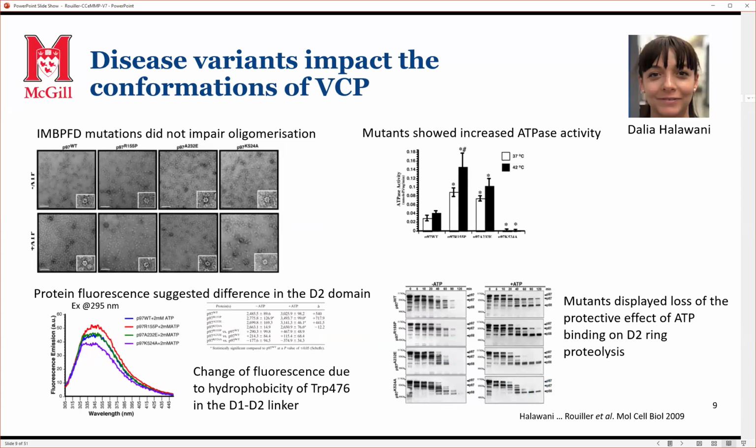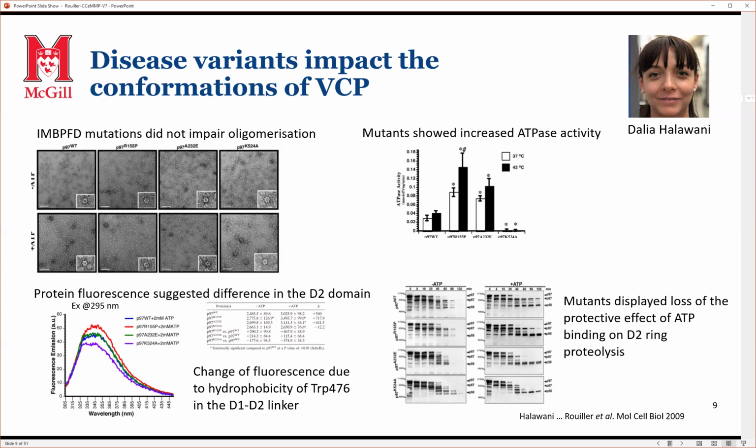So in my lab, we became quite interested in understanding how these disease variants impact the conformation of VCP. Dalia, a PhD student I co-supervised with Martin Latterich at McGill University, showed that, surprisingly, these mutations did not impair the oligomerization state of VCP.